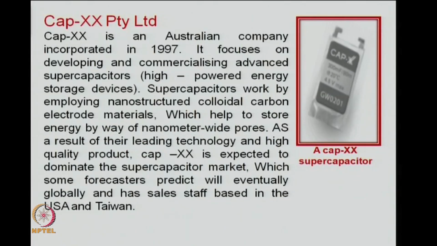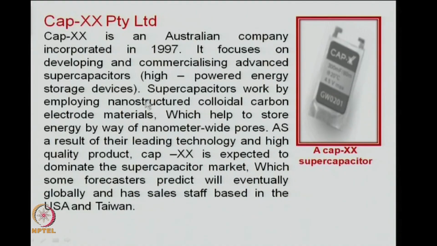There is another application for which a company has come out with a product. This is a supercapacitor. Supercapacitor is something which can store very large amount of energy. Compared to a normal battery, a supercapacitor can store much more energy, and so these are important materials and these are important products, and they use carbon based nanomaterials, nanostructured materials.